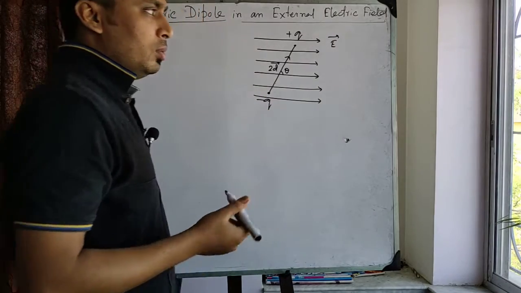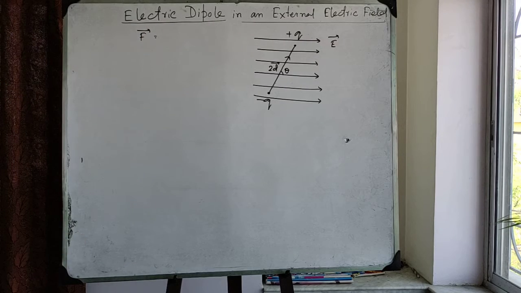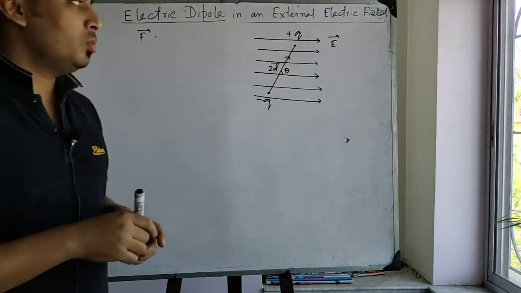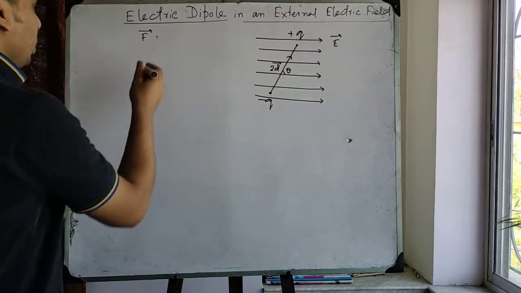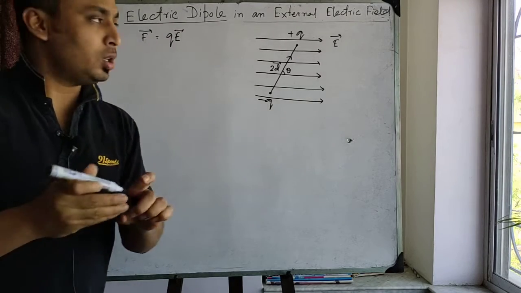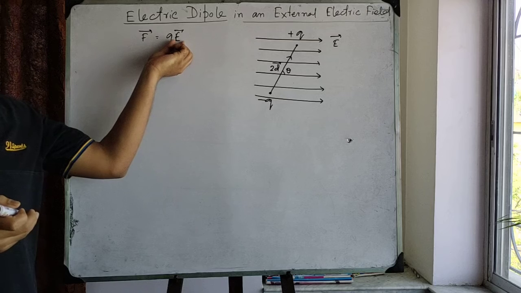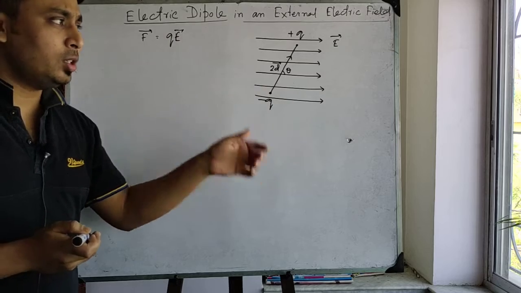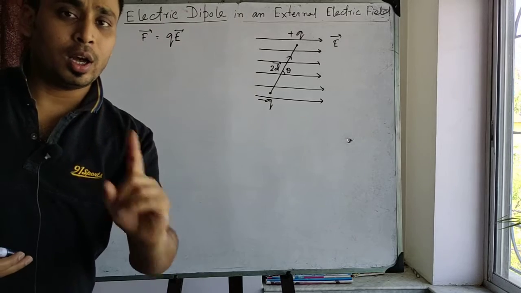Now the force. From the very beginning, from the definition of the electric field, we have E equal to F by q. So the force acting on a charged particle of charge q is F equal to qE. If a charge q is placed in an electric field E, then the force acting on the charge is qE, because the electric field is the force on a unit positive charge.